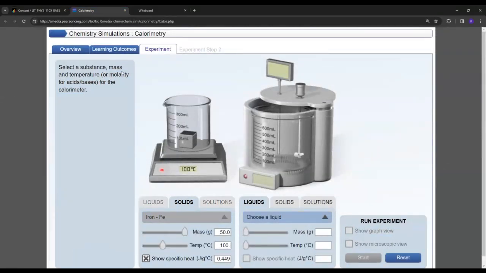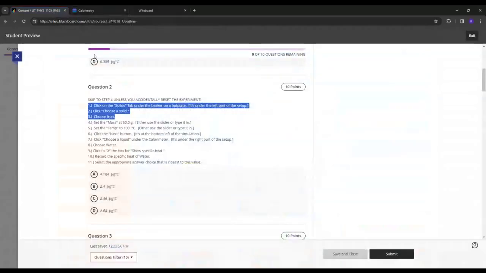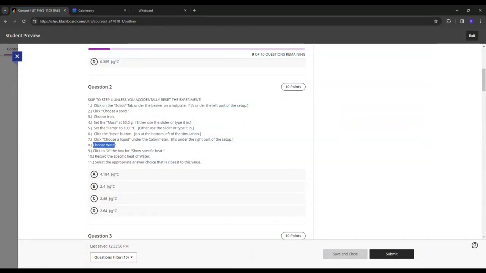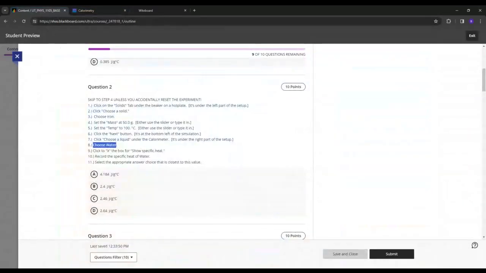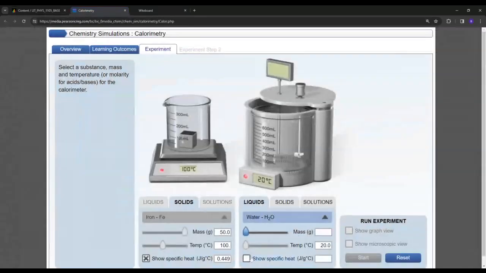Now we're going to set some information about the liquid. Our liquid, we're going to use water. So starting from here, liquid, choose a liquid, water. Then show specific heat, like we did for the other one. This one's still here, so 4.184.